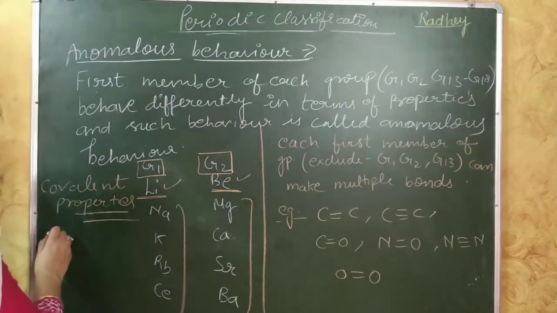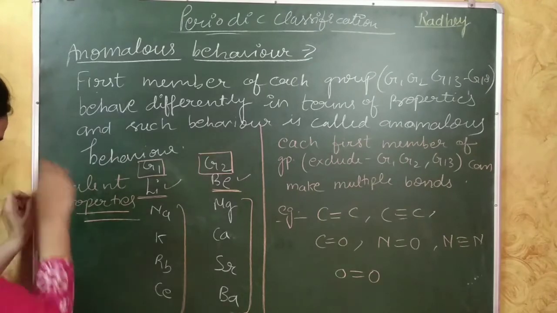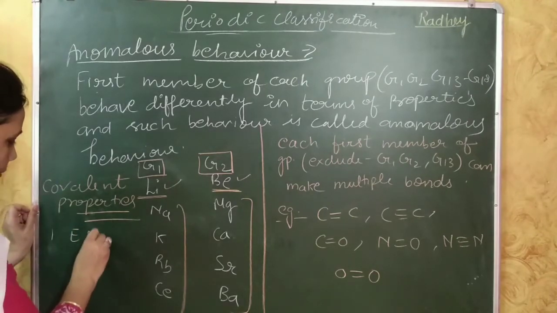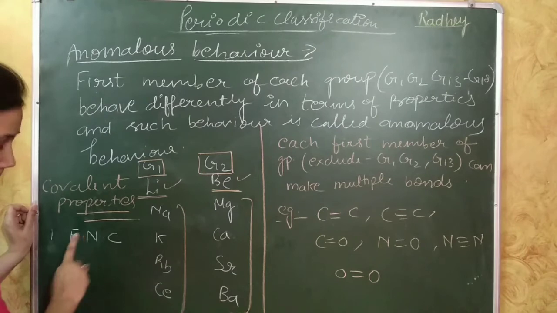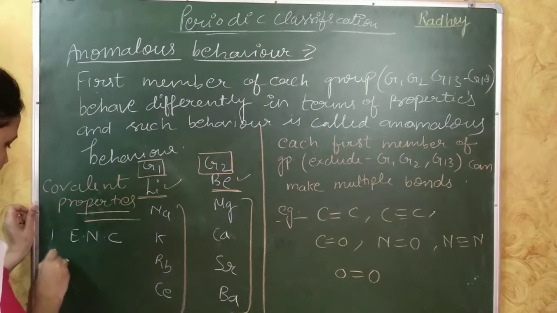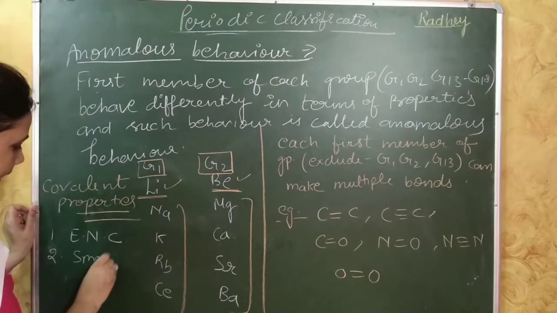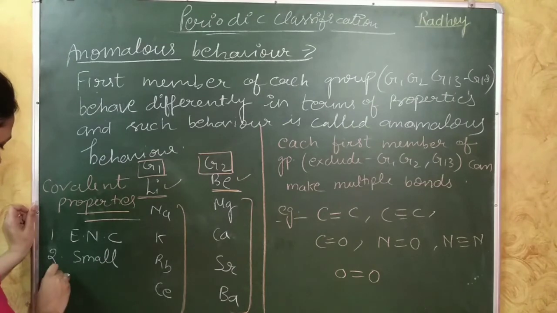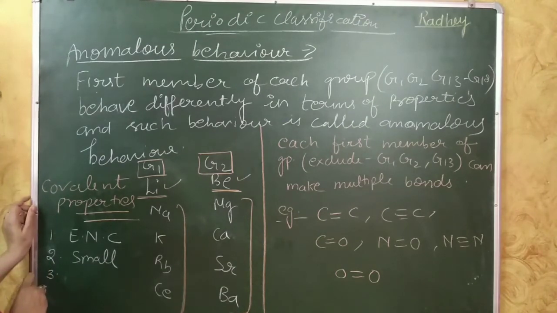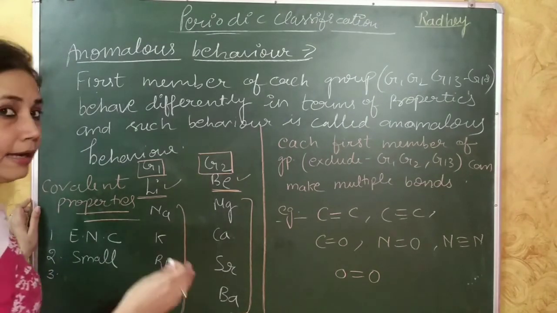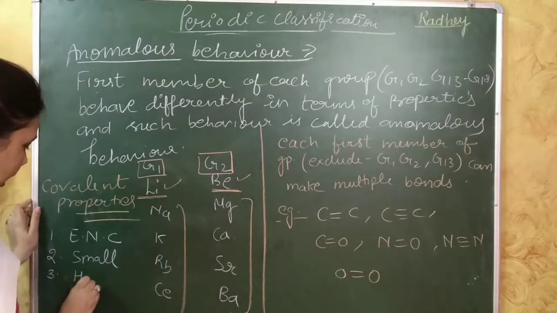Here we will see the reasons why they are showing this. The first reason is they have a large effective nuclear charge. Second, they have a small size, and third, they have high ionization energy.